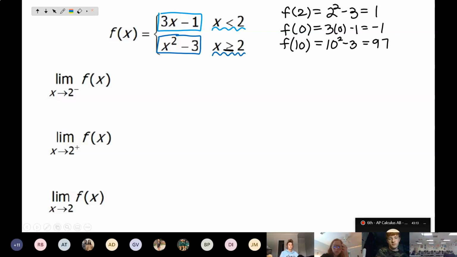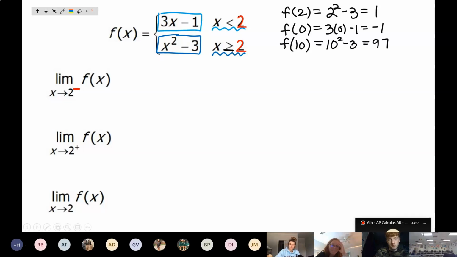So that was pre-calculus stuff. Now we're looking at calculus level stuff. For the limits, we still have to think about the piecewise. This first one, I have the limit as x goes to 2 from the left. If I'm coming to 2 from the left-hand side, we already saw that 2 is the border between these two pieces.